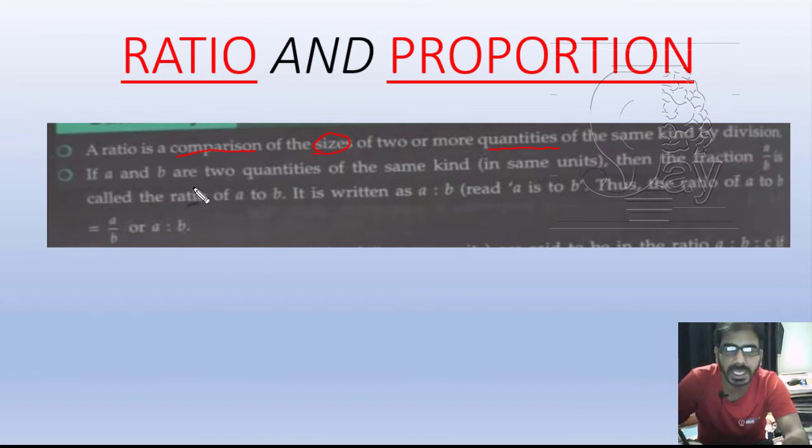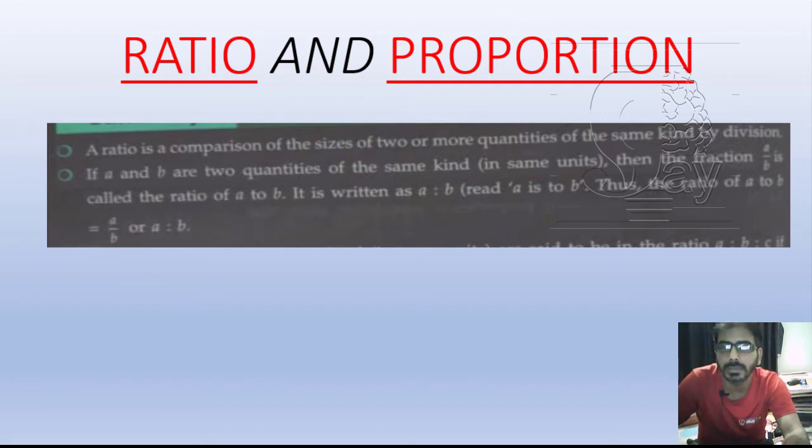If we have two quantities A and B of the same kind in the same units, then the fraction A by B is called the ratio. So you're basically comparing two quantities. That's very simple. It is written as A is to B. Now this is the format we write, A is to B. The ratio of A is to B is also given by A by B or A colon B.